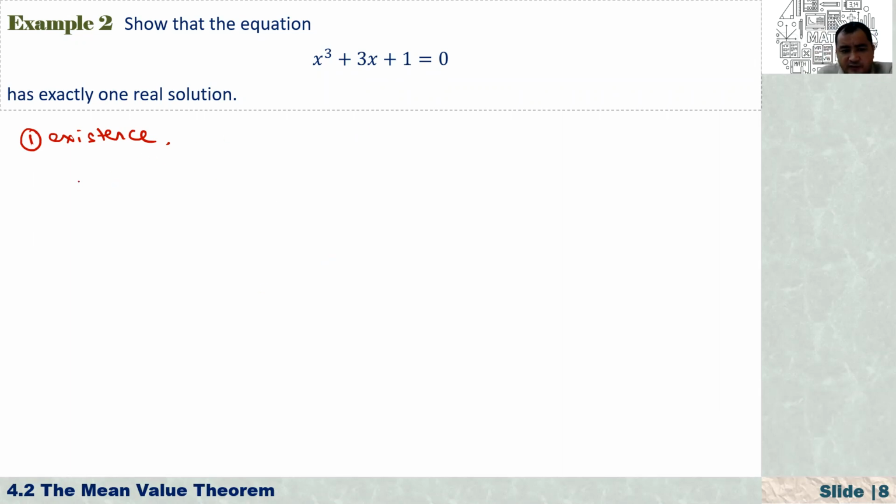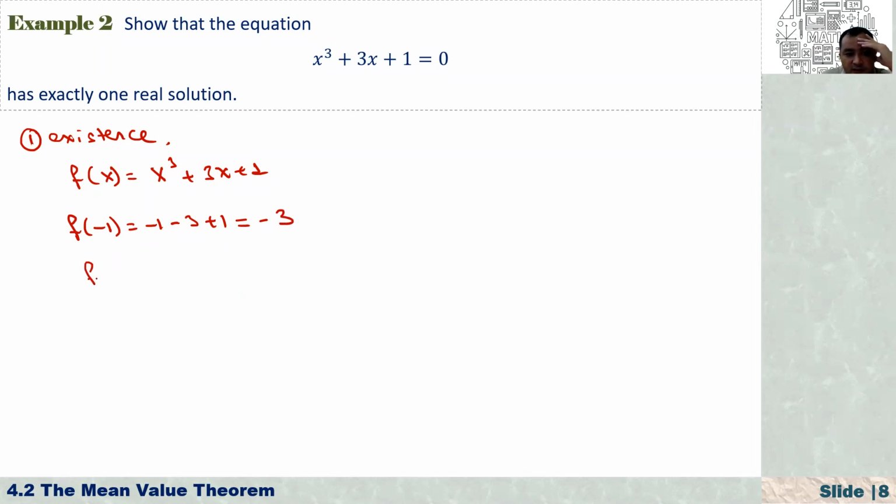So suppose our function is f of x equals x cubed plus 3x plus 1. Let's say at negative 1, f of negative 1 is equal to negative 1 minus 3 plus 1, which is equal to negative 3. And how about at 0? f of 0 is equal to 0 plus 0 plus 1, which is equal to 1, right?